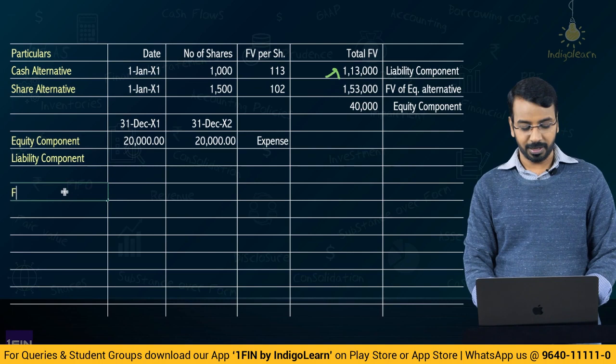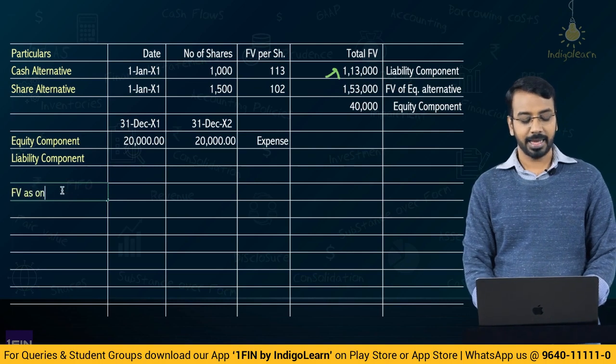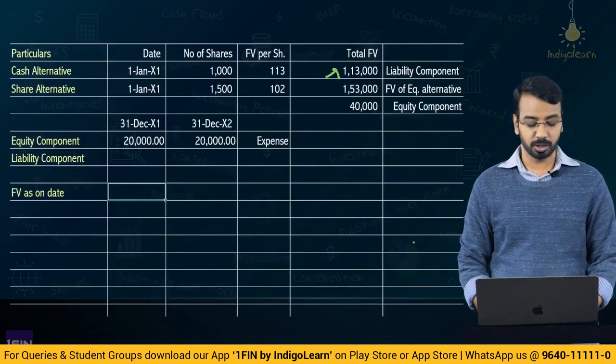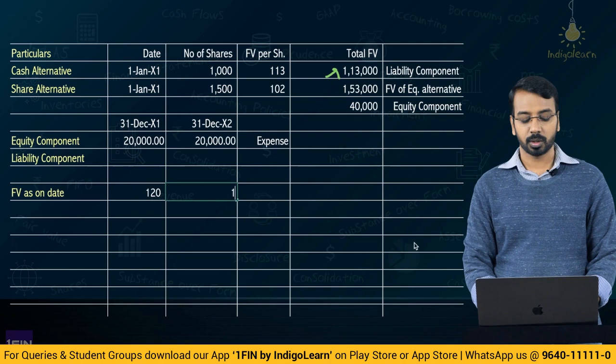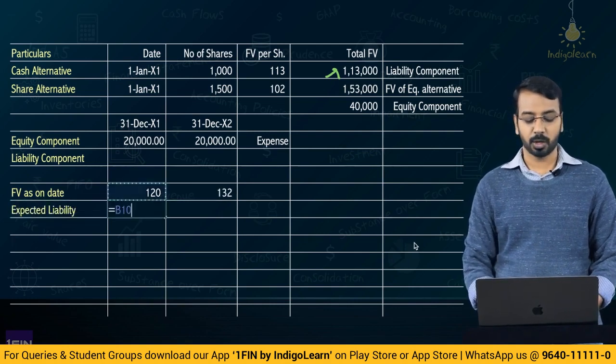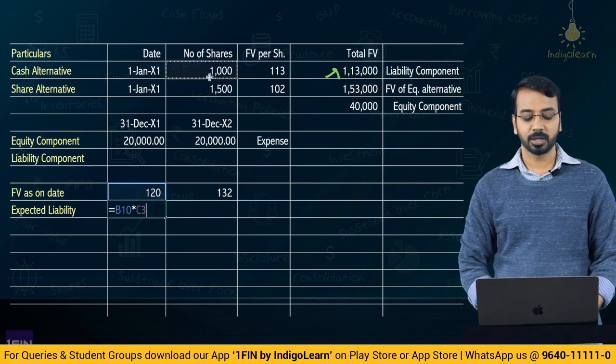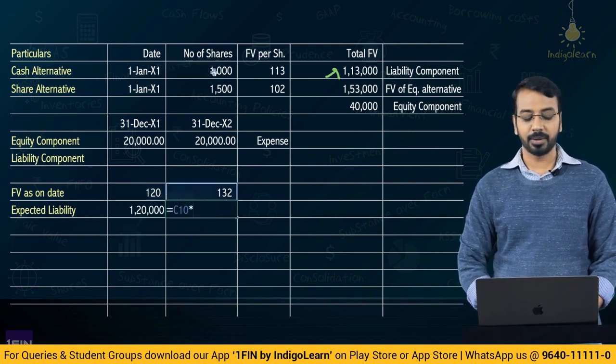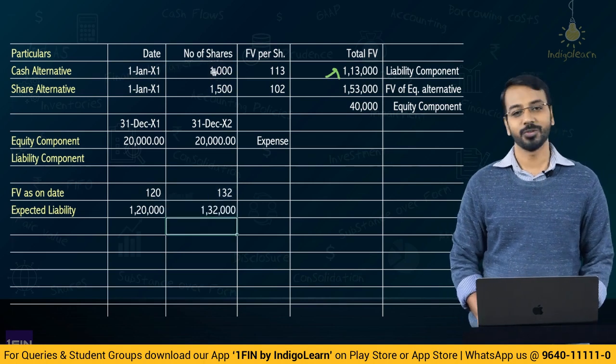Fair value as on 31st December of year 1 is 120 and year 2 is 132. Expected liability is 120 multiplied by 1000 shares, that is 1,20,000, and 132 multiplied by 1000 shares, 1,32,000.